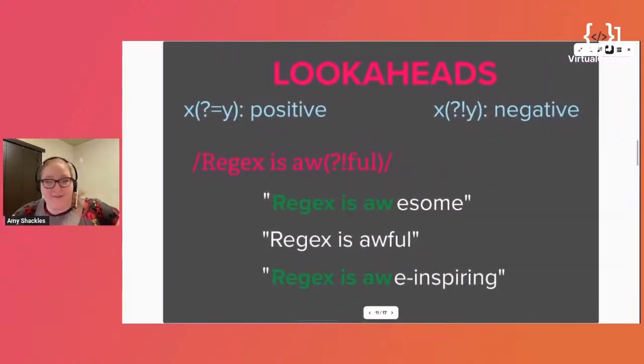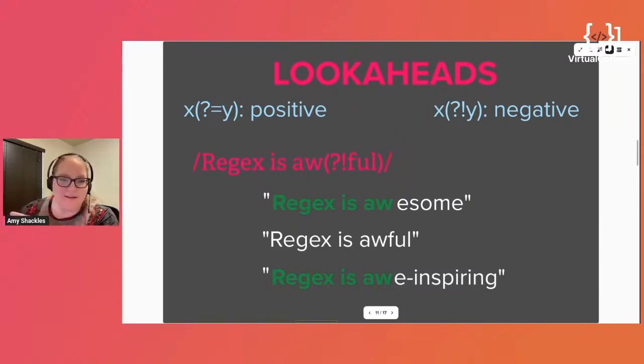Then you have look-aheads, which are awesome. It means that you have a pattern, and after that you have a look-ahead. It can be a positive look-ahead or a negative look-ahead. In the case of a positive look-ahead, you will only match this pattern if after that pattern the contents of the look-ahead are present.